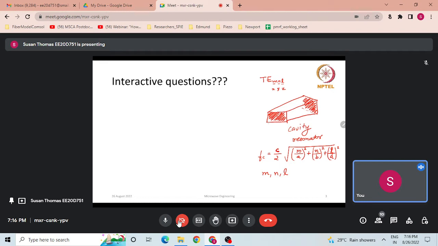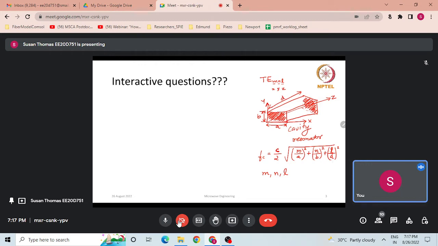If this is a rectangular waveguide, this is the X direction, this is the Y direction, and along the axis, this is the Z direction. This is the dimension a and this is the dimension b, and along the length, the length of the cavity is the dimension d. So the third dimension is the length of the cavity.